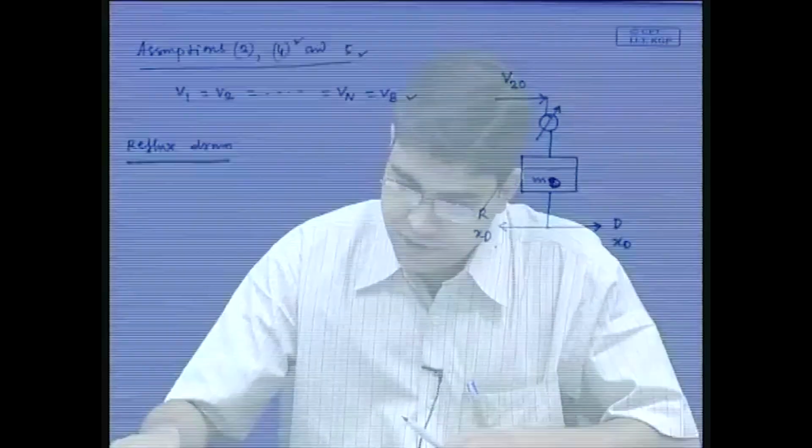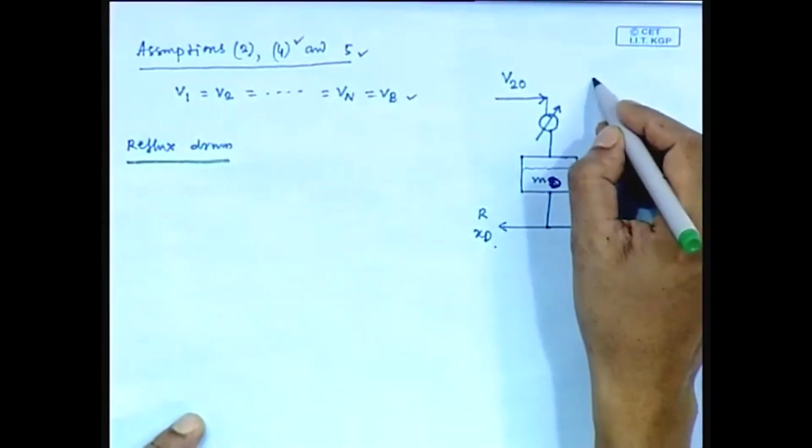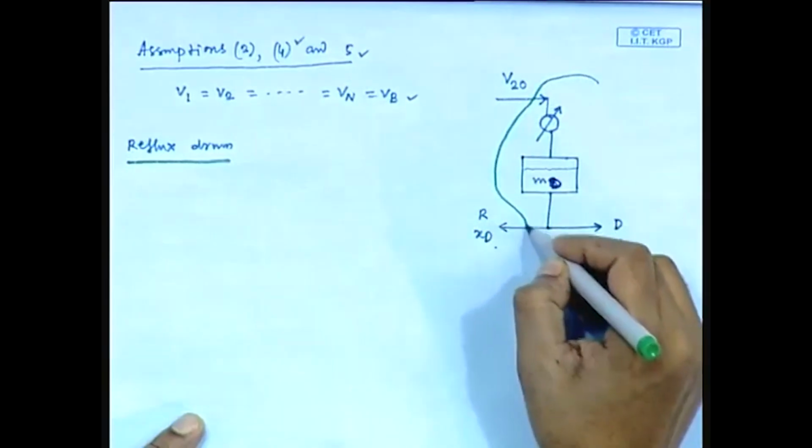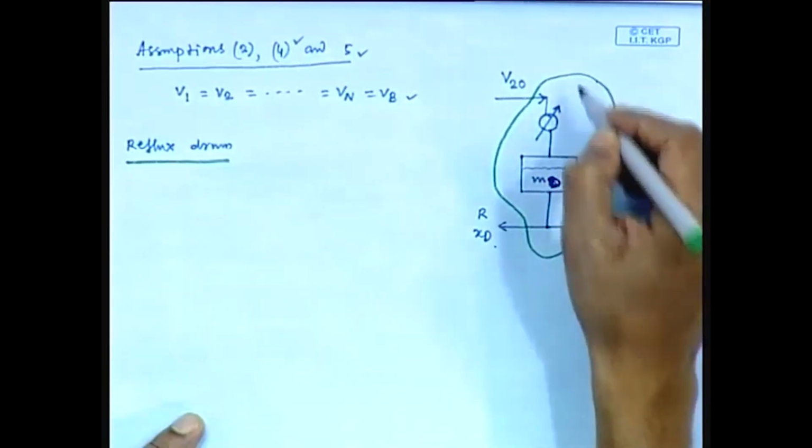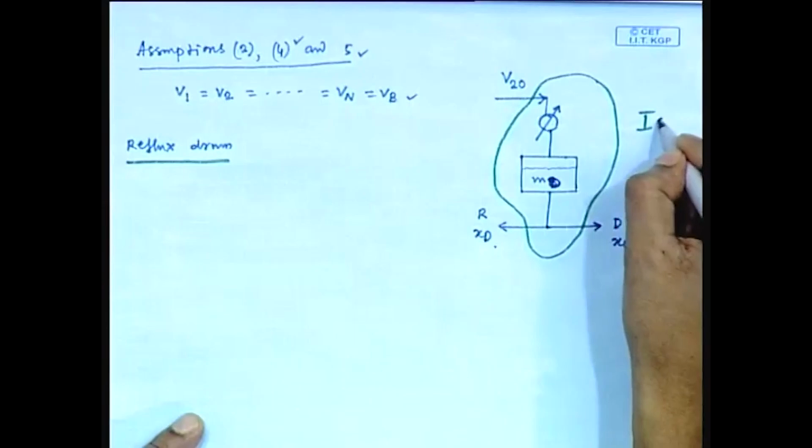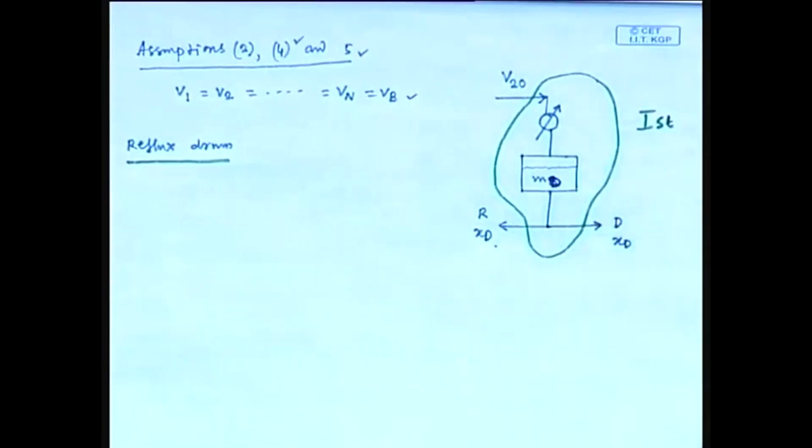For example, D has the unit of mole per unit time. Now, this is the schematic of the top section, and we will consider this as the first envelope.